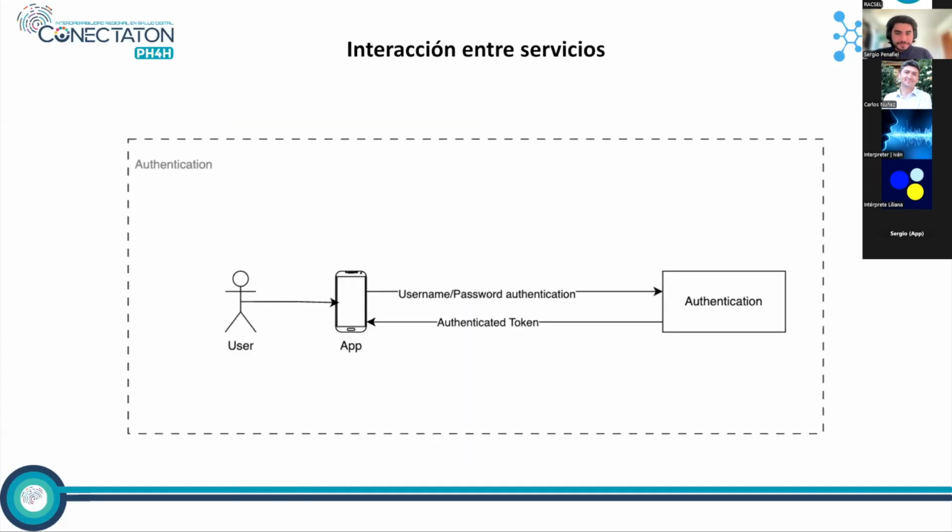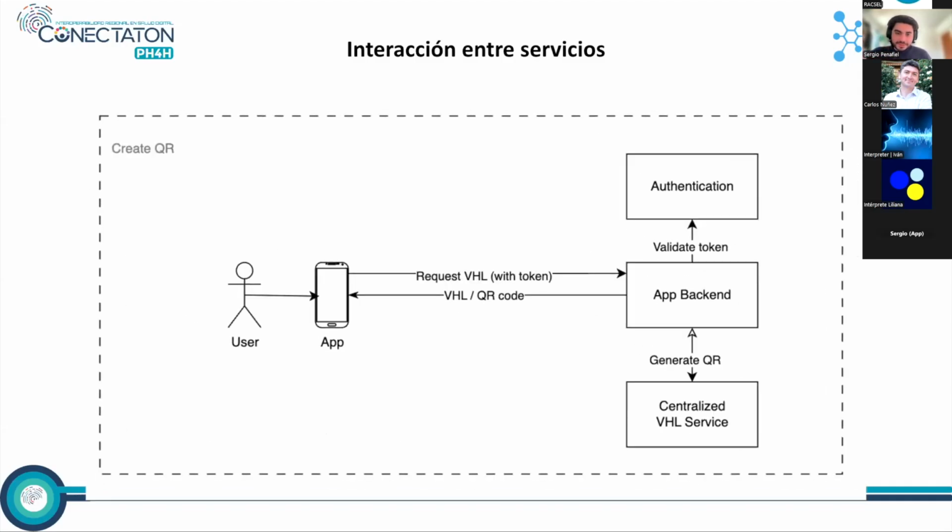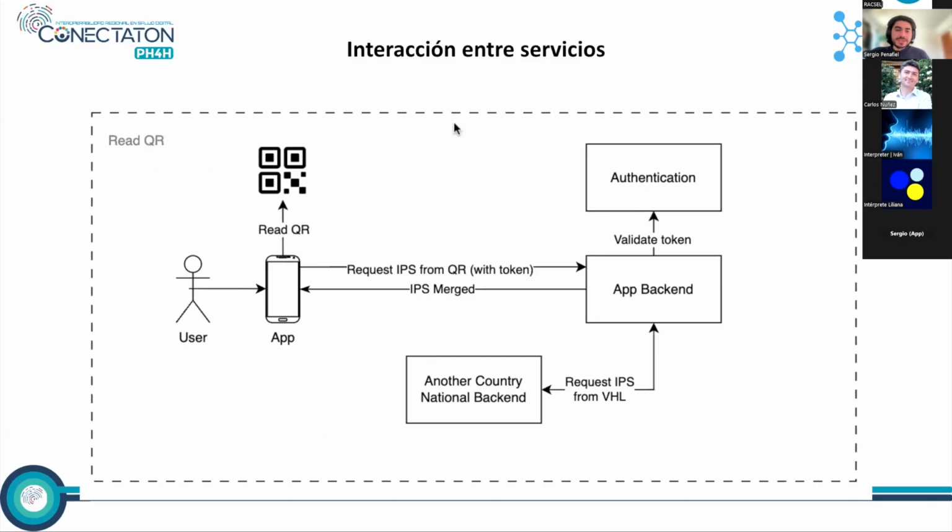So here we have a couple more diagrams of service interactions, and I'm going to go through them very quickly because I want to go into this one in particular, which is the new one that is being implemented. So this chart just simplifies the different components and takes a look at the case that we were just seeing, which is scanning a QR code.